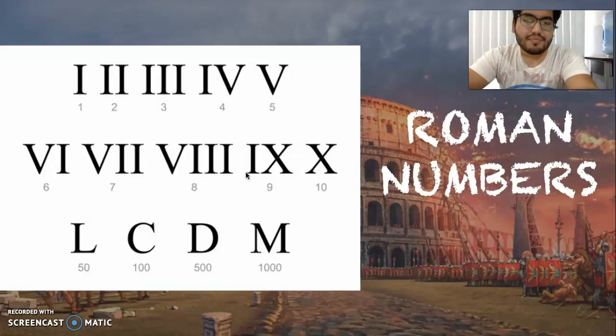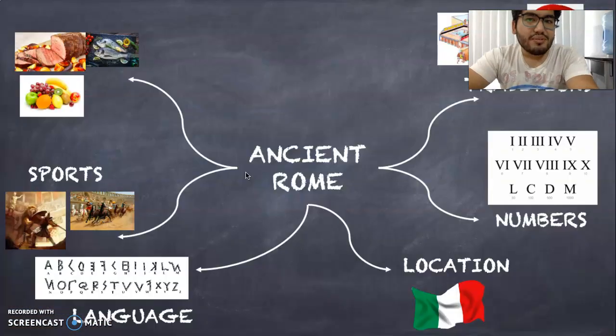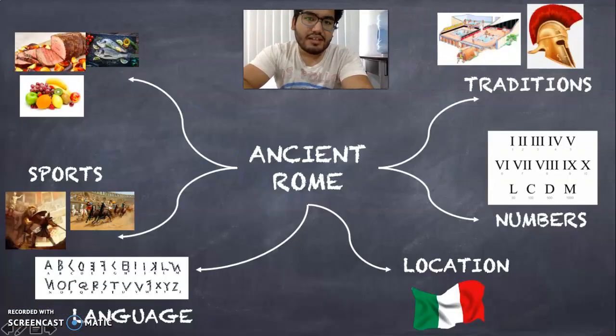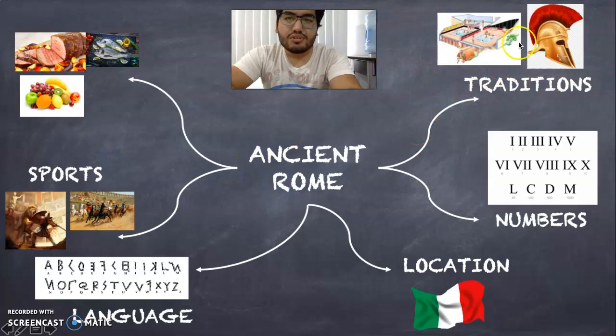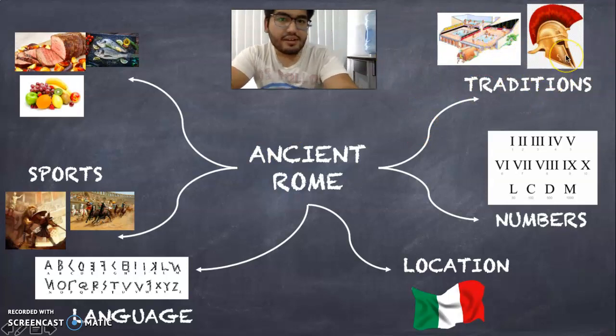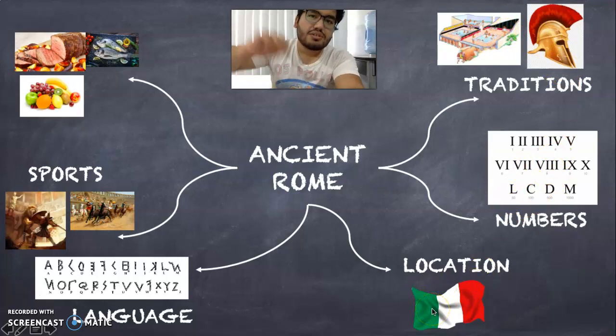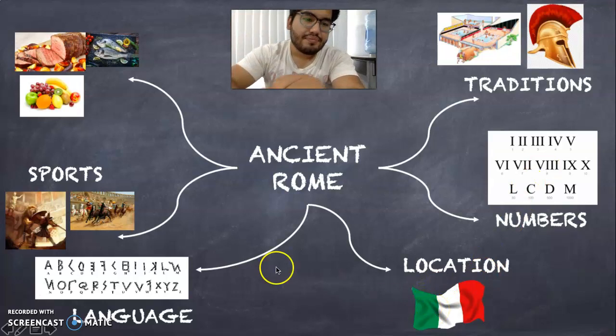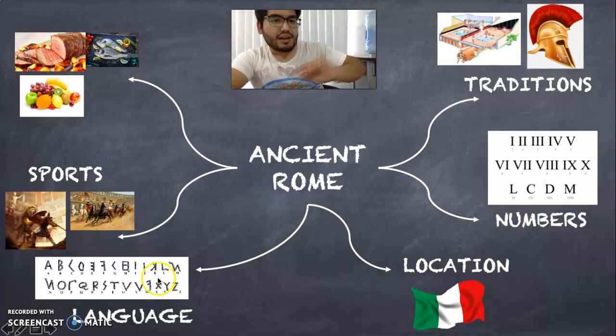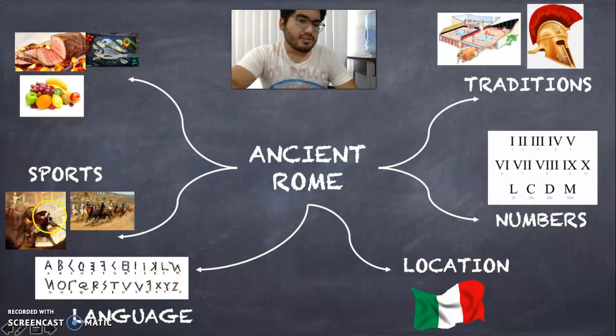Okay. And you might have something like this. The tradition, public baths and gladiators. And the Roman numbers, and you put some Roman numbers. The location, I put the flag. The language, I copied this. Sports, okay, we have the sports here.